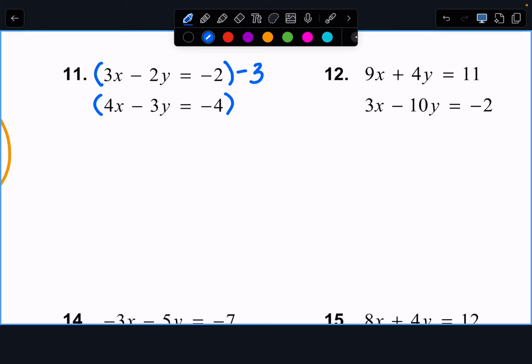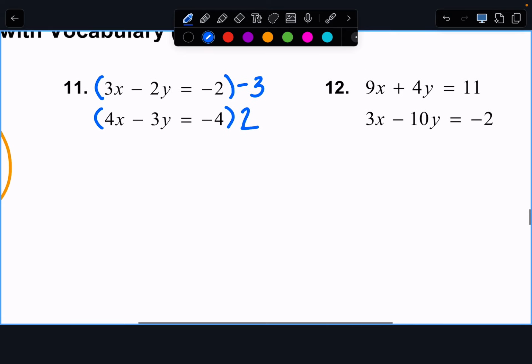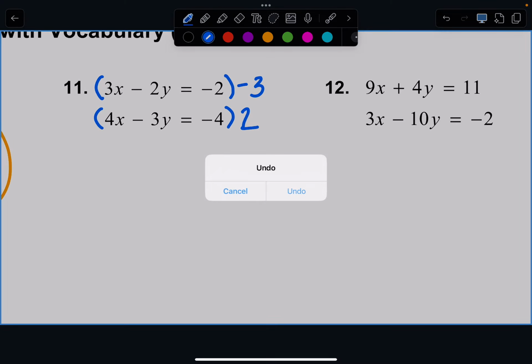Okay, so if I multiply by -3, this becomes a +6. If this is a -3, what are we going to multiply by? We need a +2. Okay, so you need to show me the rewrite for both of these.